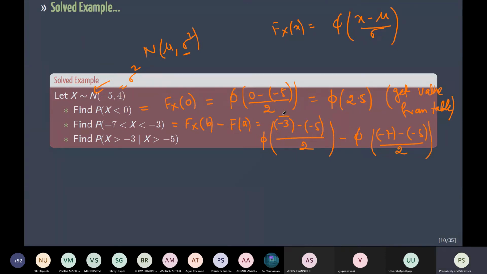This is our b, and this is our a. We put it in the formula and we can leave it like this.